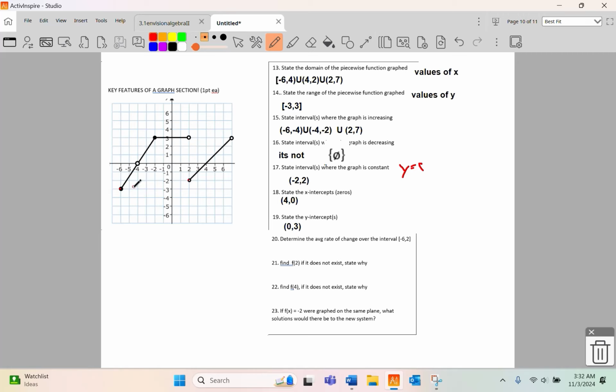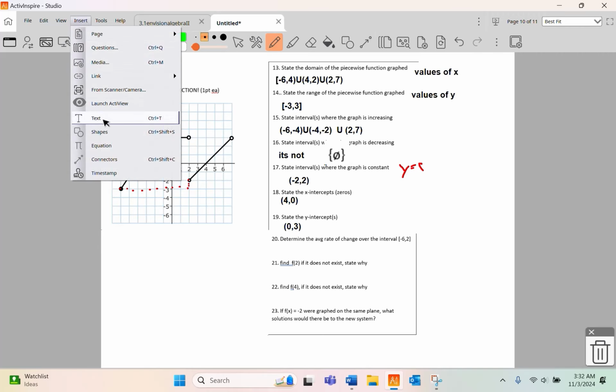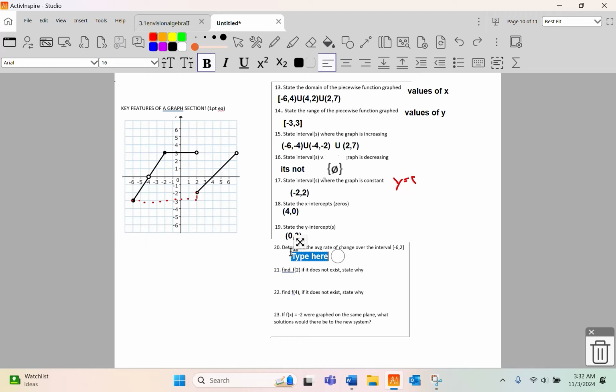And then I'm going to think about what happened. I rose 1, and I ran, count the blocks, and I think you'll realize if you count, 8. So I rose 1 and I ran 8. My slope is 1/8.